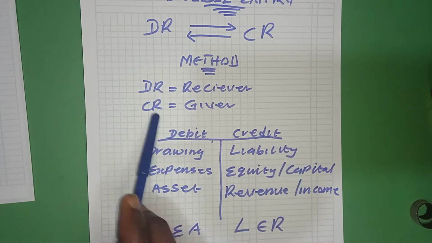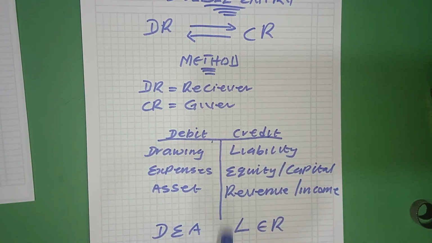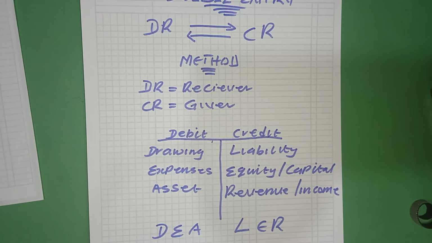Know it. Once you know this, then you understand that double entry system is very simple. We are going to be using this method and this method to solve the questions that I have here, and we're going to solve them together, and you will find out that double entry is very, very simple.